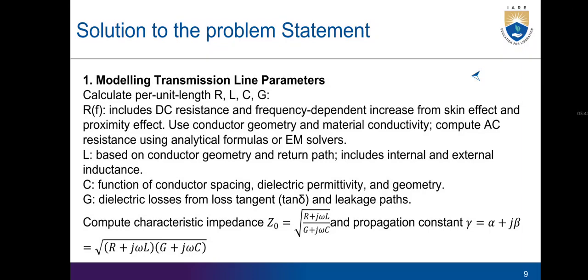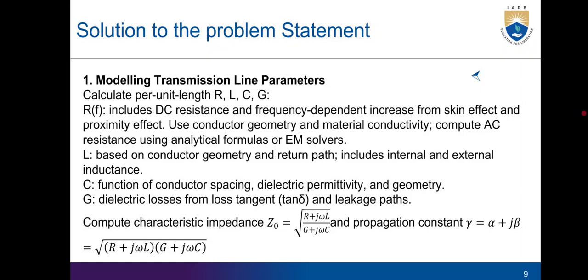Solution to the problem statement. Modeling transmission line parameters. Calculate per unit length RLCG. R: include DC resistance and frequency-dependent increase for skin effect and proximity effect, using conductor geometry and material conductivity.